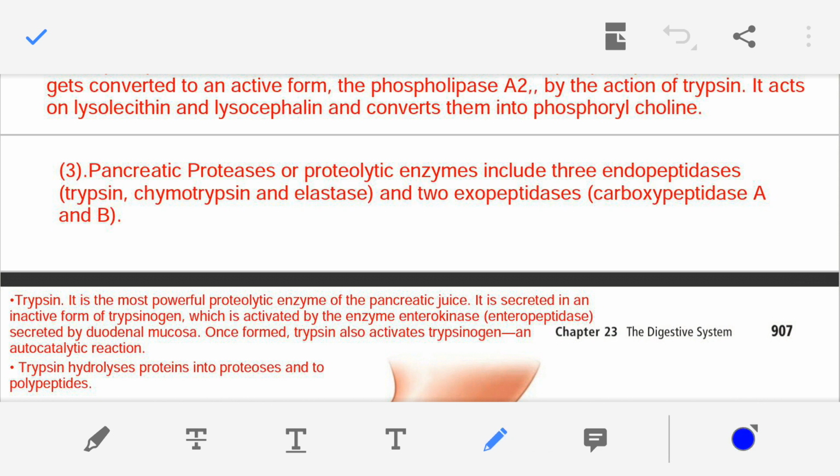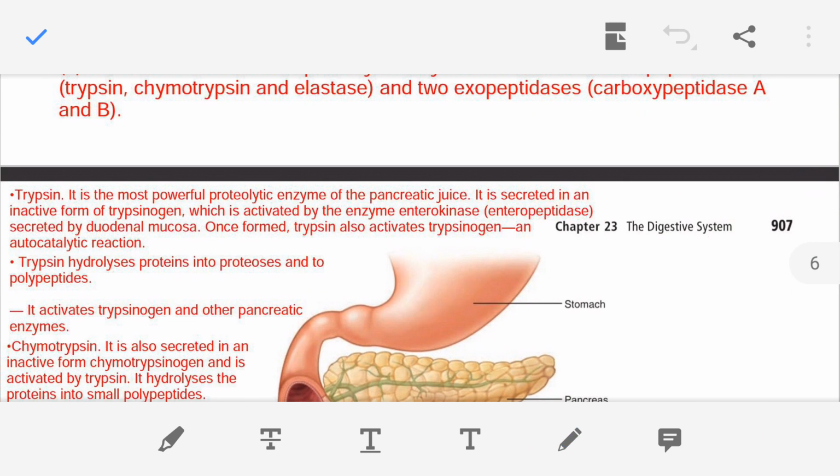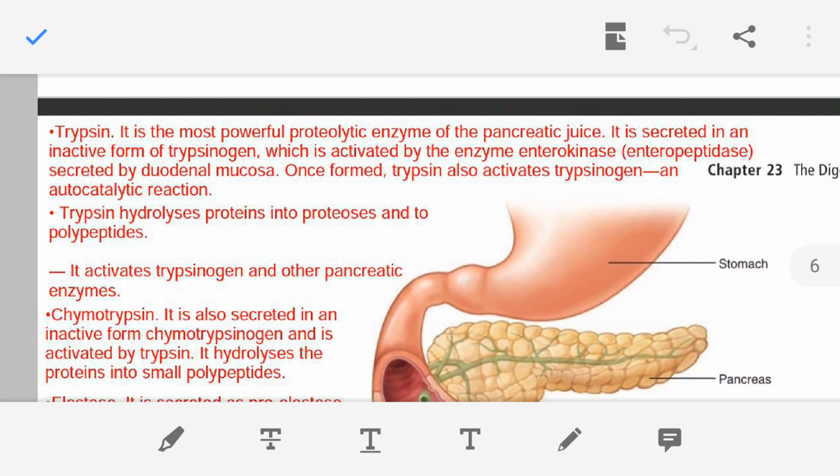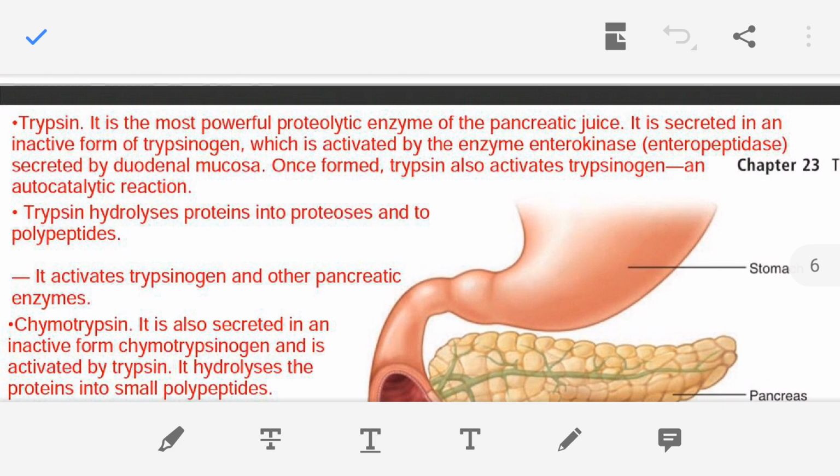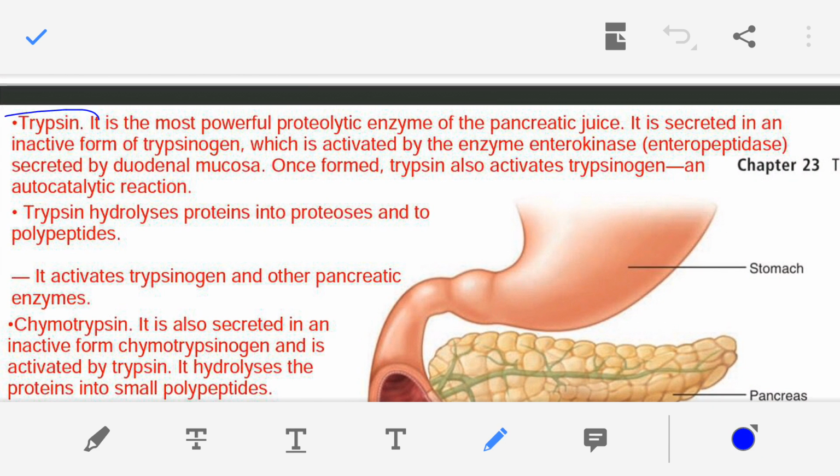So first we will discuss trypsin, chymotrypsin and elastase, and then we will study the effect of carboxypeptidase A and B. Now first, trypsin. Trypsin is the most powerful proteolytic enzyme.